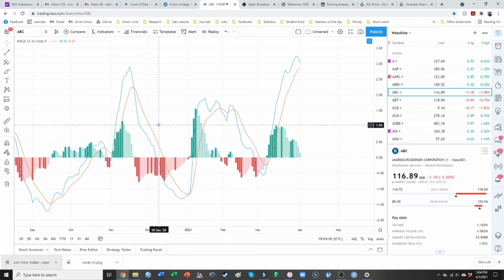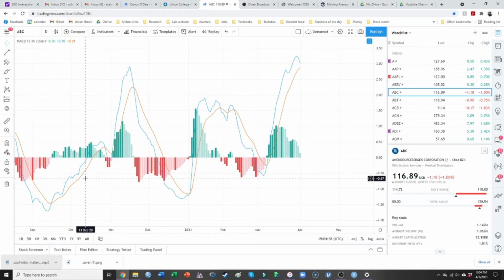Now you'll see that there's also an orange line here, and that is actually the 9-day exponential moving average of the MACD. So it's the exponential moving average of that subtracted value.